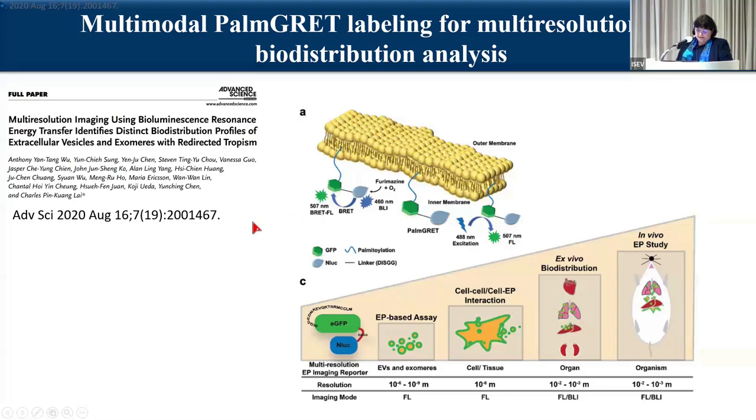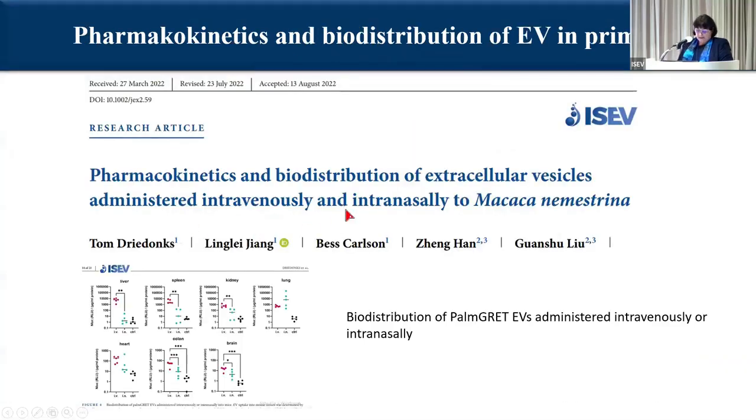And finally, I'd like to show two applications. In the work from Ken Witwer's lab in primates, complete pharmacokinetics and biodistribution analysis of extracellular vesicles was carried out using the PalmGRET approach.